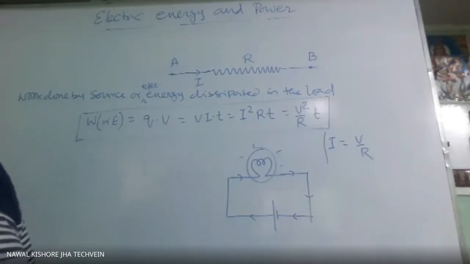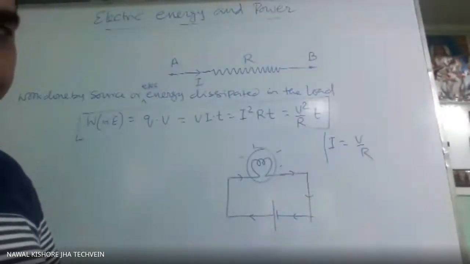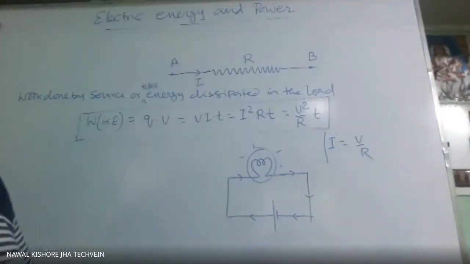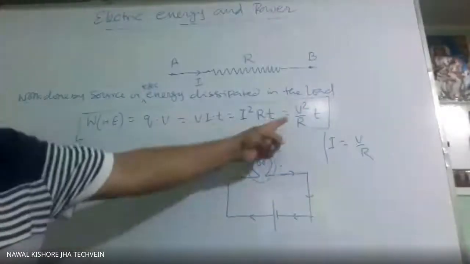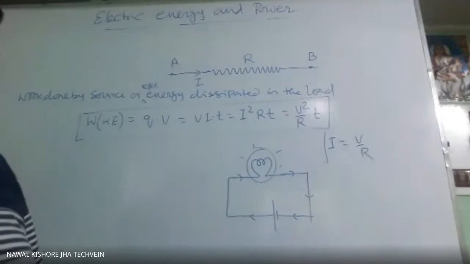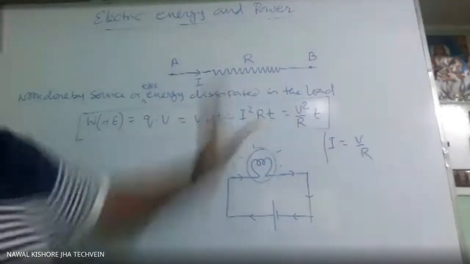If efficiency is given, suppose the efficiency of the appliance is 80%. What does it mean? It will consume how much energy? Energy consumption is this much only. If you are using the bulb, electric energy consumed is this much.